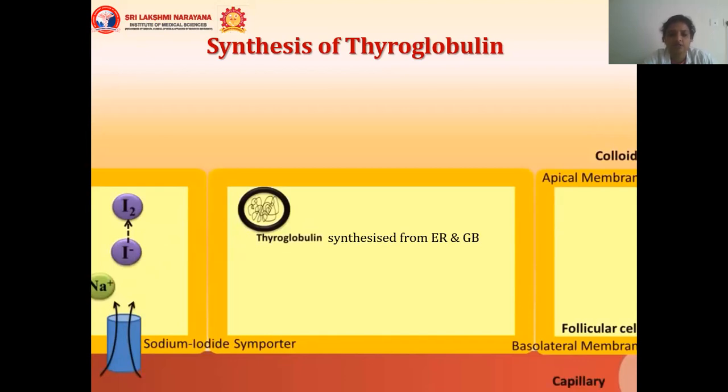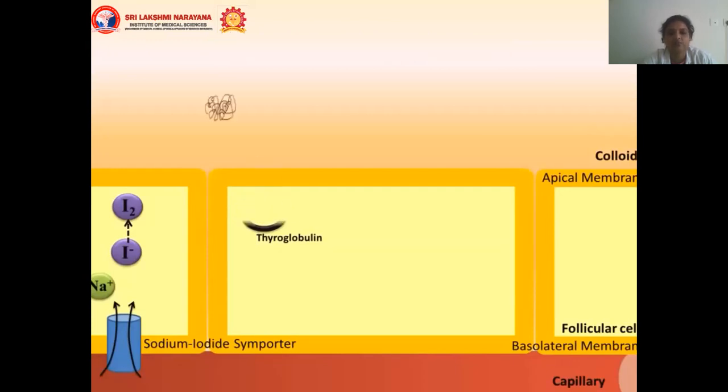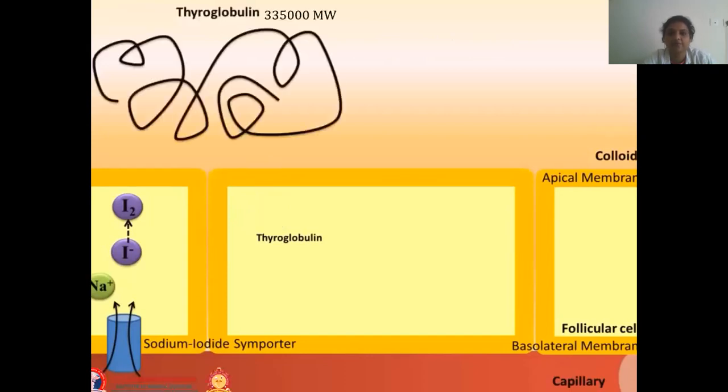What aids in the production of thyroglobulins are the organelles, that is the endoplasmic reticulum and the Golgi apparatus. So once the thyroglobulin is synthesized inside the follicular cells, they are exocytosed into the colloid, and this thyroglobulin enters into the colloidal matter. So these thyroglobulins are quite large molecular weight substances.